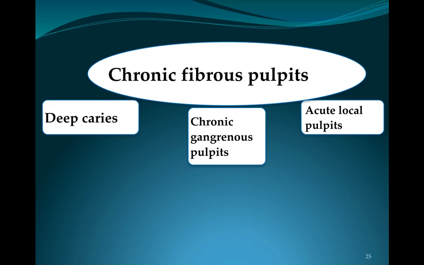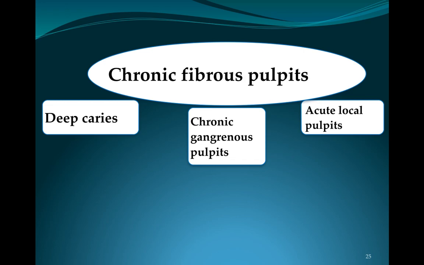On chronic fibrous pulpitis or on chronic gangrenous pulpitis, pulp chamber is open. But if we check with a probe, probing will be painful on the mouth of the pulp chamber when chronic fibrous pulpitis.